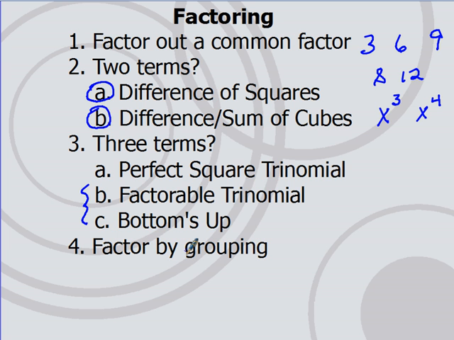And eventually, as well as factor by grouping, we'll see, could we possibly use synthetic division. We'll either use factor by grouping or synthetic division if there are more than 3 terms.